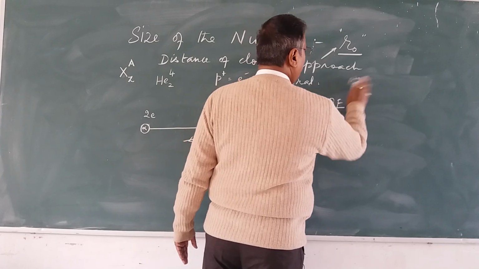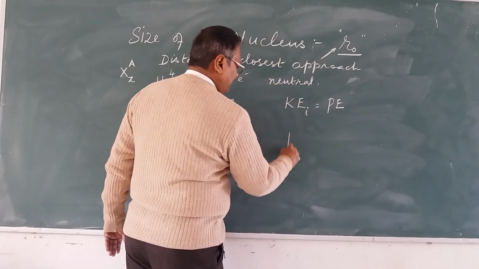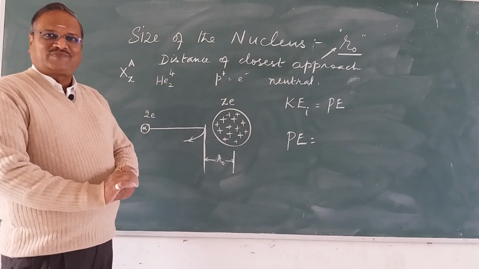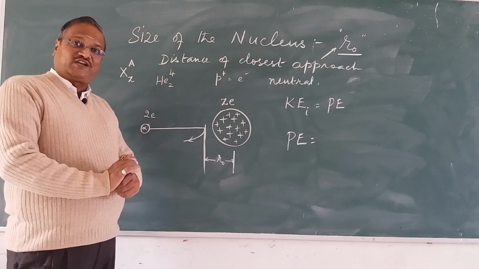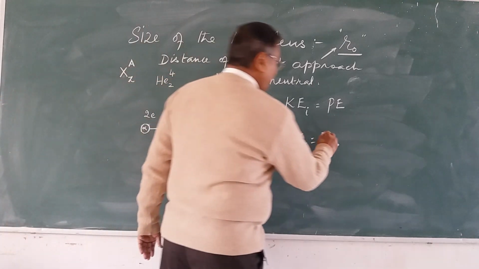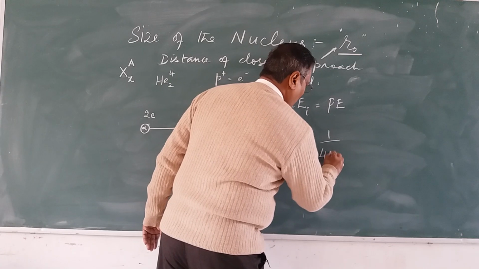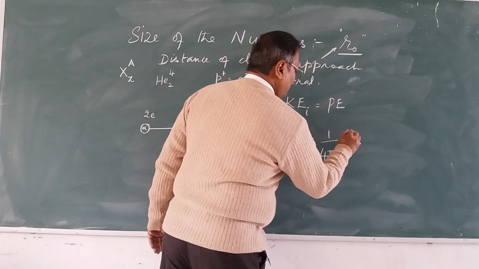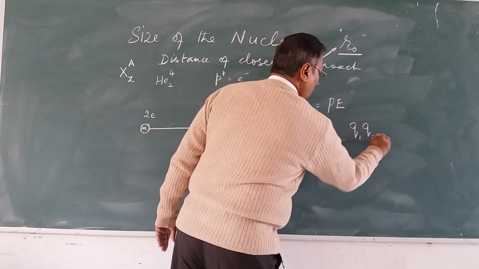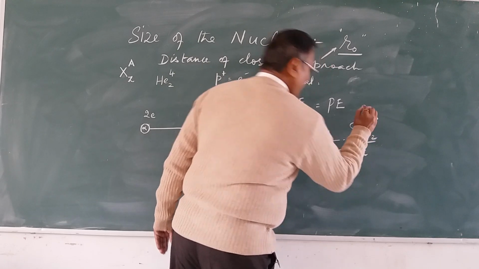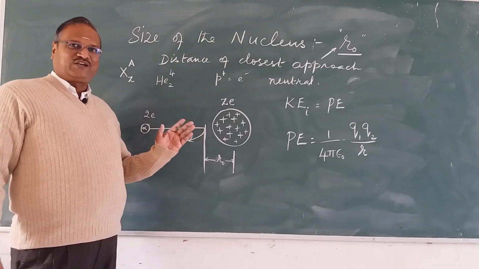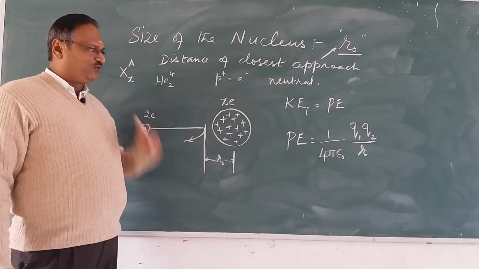Now, what is this potential energy? It is electrostatic potential energy. What is electrostatic potential energy? Coulomb's law, we used it there. We found that it is 1 upon 4 pi epsilon naught into the two charges Q1, Q2 divided by R. This was the formula. Try to remember that and see the old video.